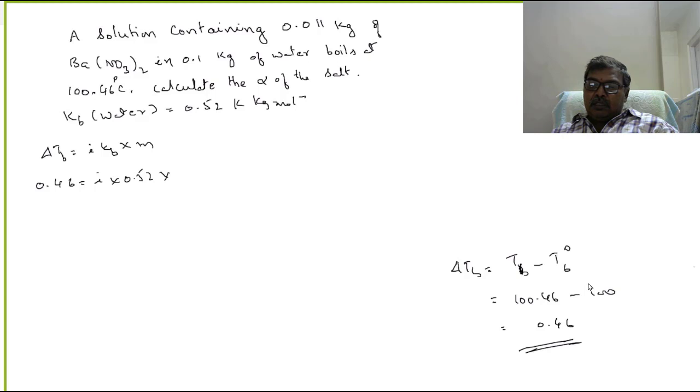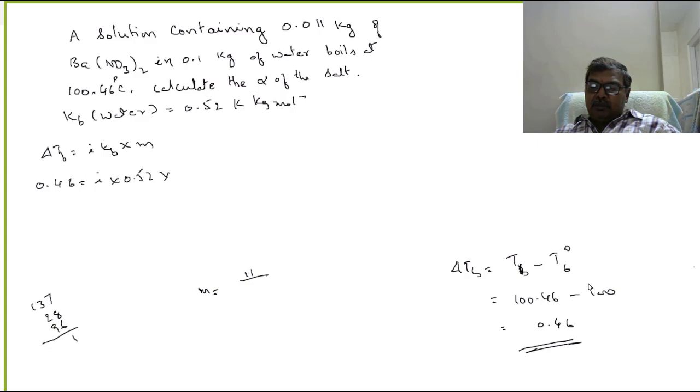See here, molality of the solution is weight of the solute 11 grams, molecular weight or formula weight, barium 137, nitrogen 28, 2 nitrogen atoms, and 3 oxygen atoms, 48 into 2, 96.